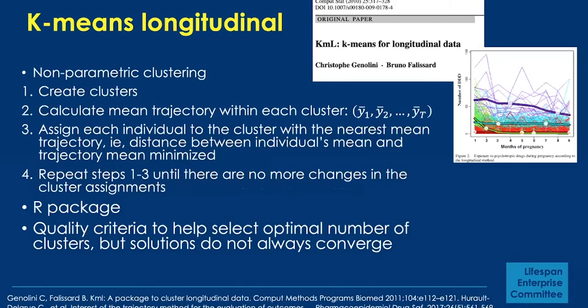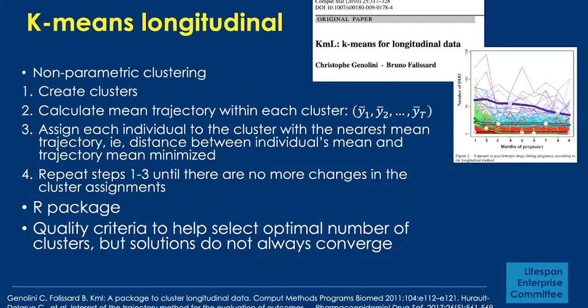So Kmeans Longitudinal is a non-parametric clustering method, and the approach creates clusters and then calculates the mean trajectory within each cluster. Basically the algorithm tries to minimize the distance between an individual's observations and the trajectory group mean, and then assigns individuals into clusters in which that distance can be minimized.